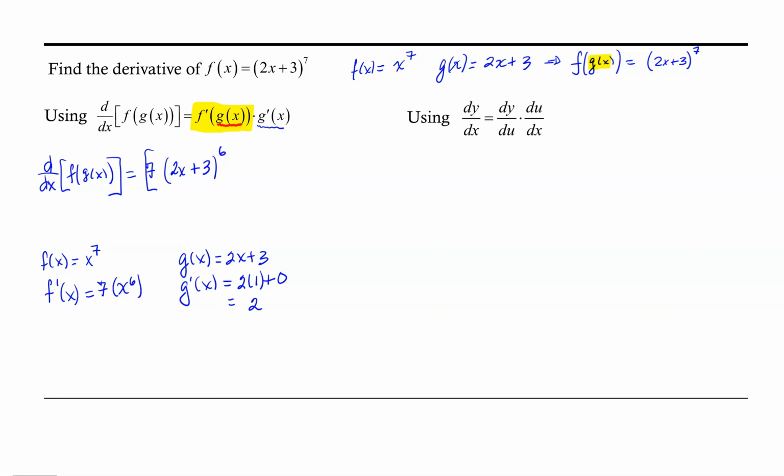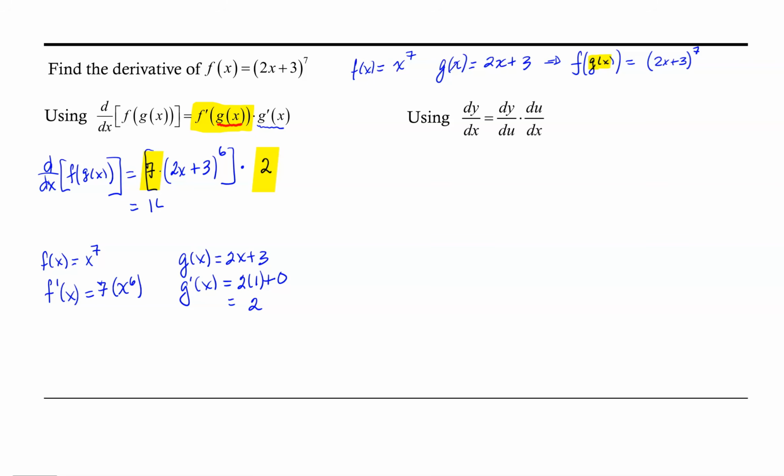So we have 7 times the quantity 2x plus 3 raised to the 6th power times our g prime of x, which is 2. Then we could take our 7 and our 2 and go ahead and multiply those together, since multiplication is commutative and associative.